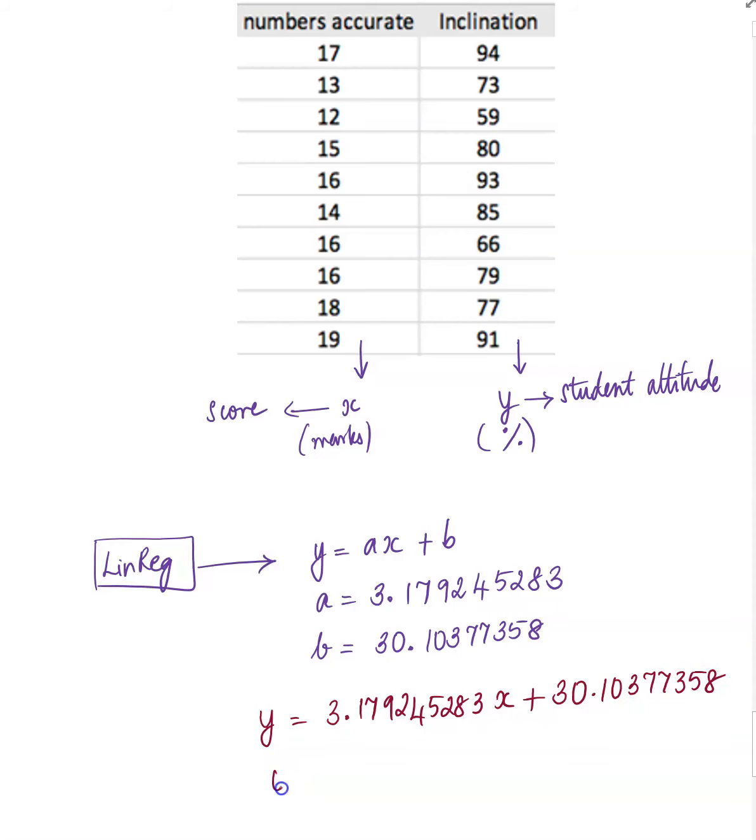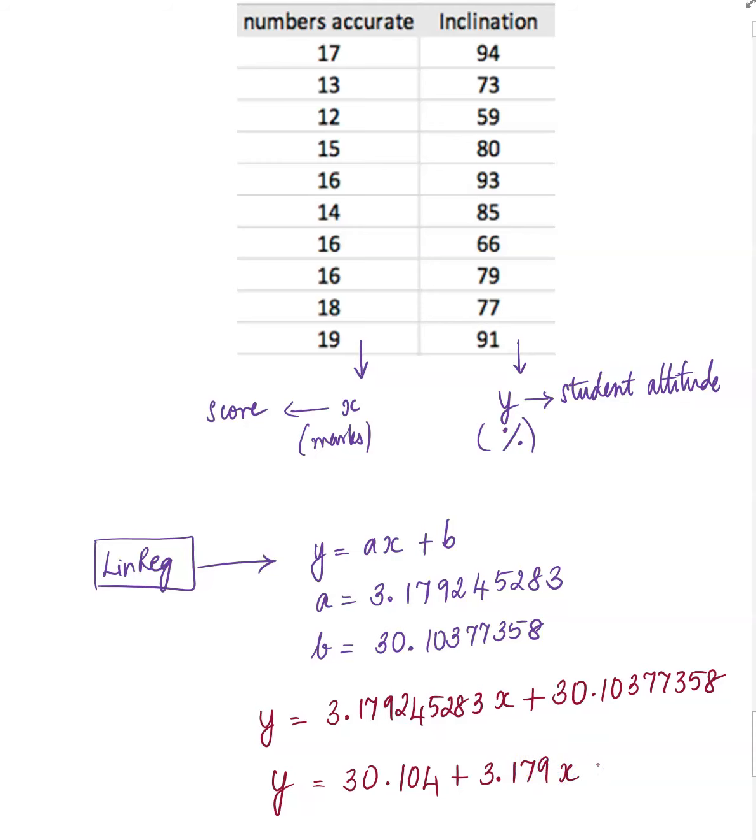Sometimes they like to put the constant first and then the X term, and they would even round it for you. So do not be confused with all of that. Just see what format it is in. So they could round it like 30.104 plus 3.179x. They could do that.